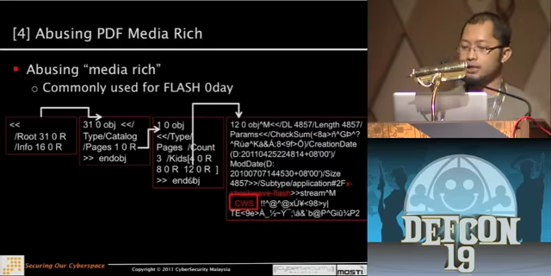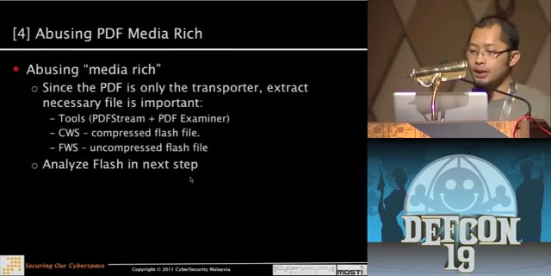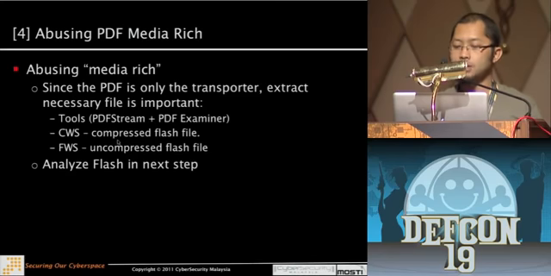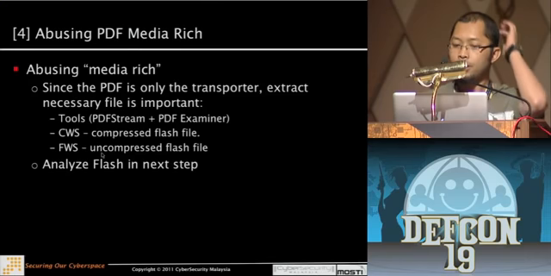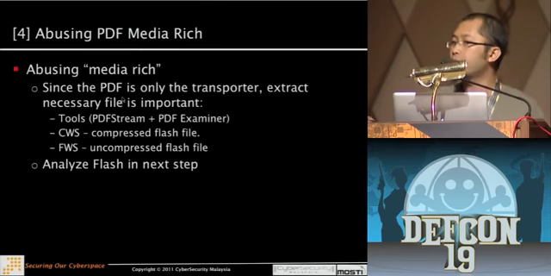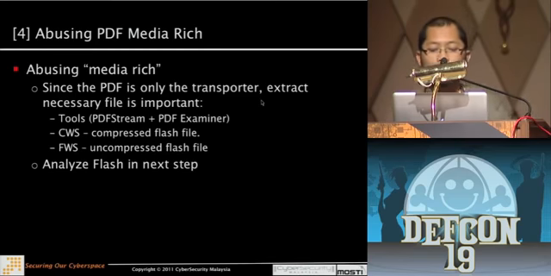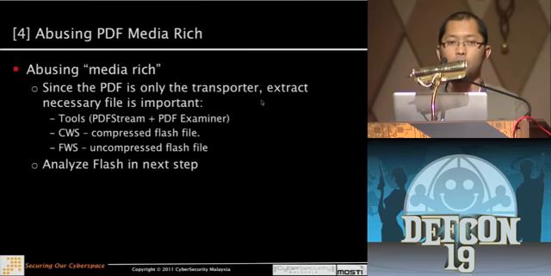If you see, SWF: CWS is basically a compressed file, and then this is another one called FWS, an uncompressed file. PDF is just pretty much the main transporter for this one. You need to extract the Flash file to check what the exploit is, what kind of shellcode is inside it.